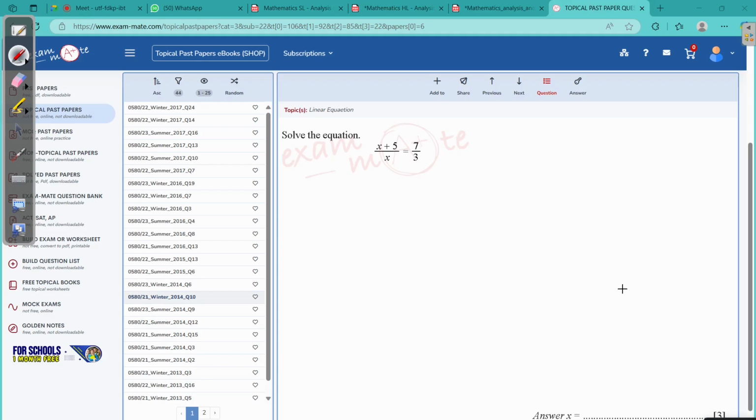Is x just like 15 over 4 or something? 15 over 4, I don't know. Should I lock it? 15 over 4? Yeah, you can lock. I'm very unconfident. Correct. Yeah, this is correct.